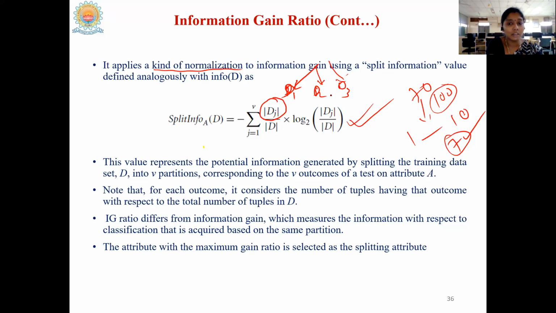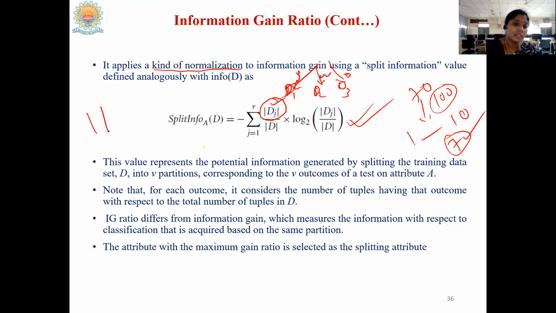In the last class, I told you that when you consider A as the root attribute, if its value is youth, we have the partition D1. If its value is middle age, we have partition D2. If its value is old age, we have partition D3. That means for each outcome, we have a partition. In this formula, we consider the number of tuples in that partition.